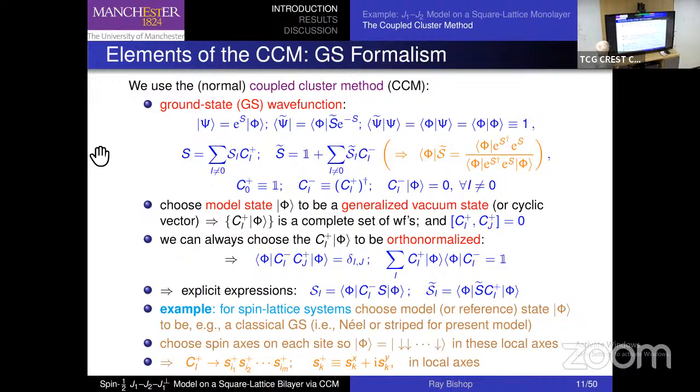Similarly, the bra state is written in this seemingly rather asymmetric fashion. I don't like taking the Hermitian conjugate of this and writing this as bra phi e to the S dagger, for reasons that I've explained in some laborious detail by now. Instead, I like e to the minus S, but it's not correct, so I put another operator in front to make it correct.